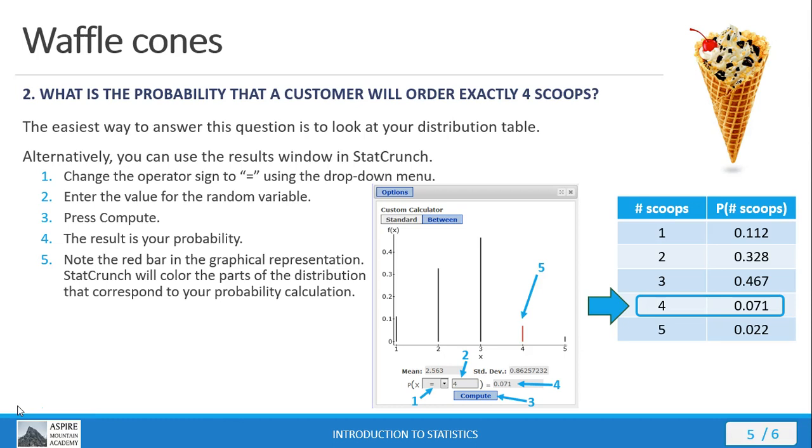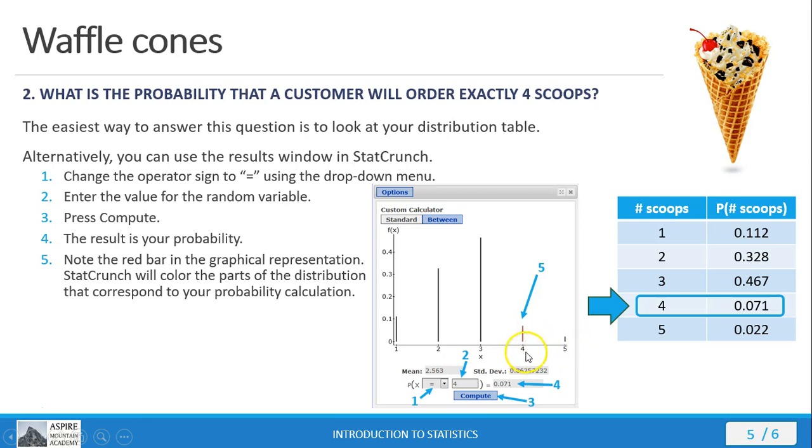Note the red bar there in the graphical representation in your results window. That's really important. StatCrunch is going to color the parts of the distribution that correspond with your probability calculation. Since we want exactly 4, so it's going to be 4 and only 4, this is the only bar on our discrete probability distribution up here that's actually colored red. If we said we wanted 4 or more, then the corresponding probability would color the 4 and the 5.